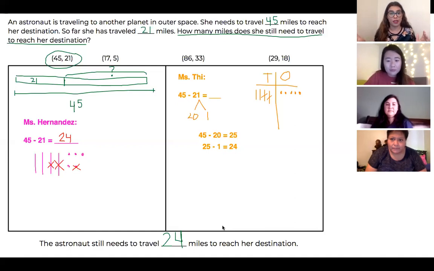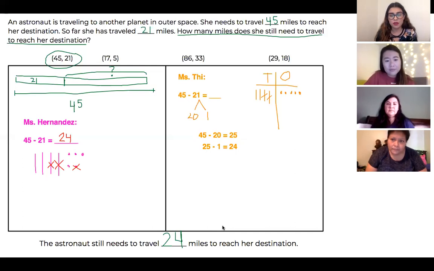So how many other miles did she need to travel in order to get that whole 45 total miles in the story? So make sure that when you are doing your story problem, you go back to the story and you really make sure you understand what's happening in this story. And if you are confused, you can always go back and read it again, because the story is going to help you very much with solving the problem.